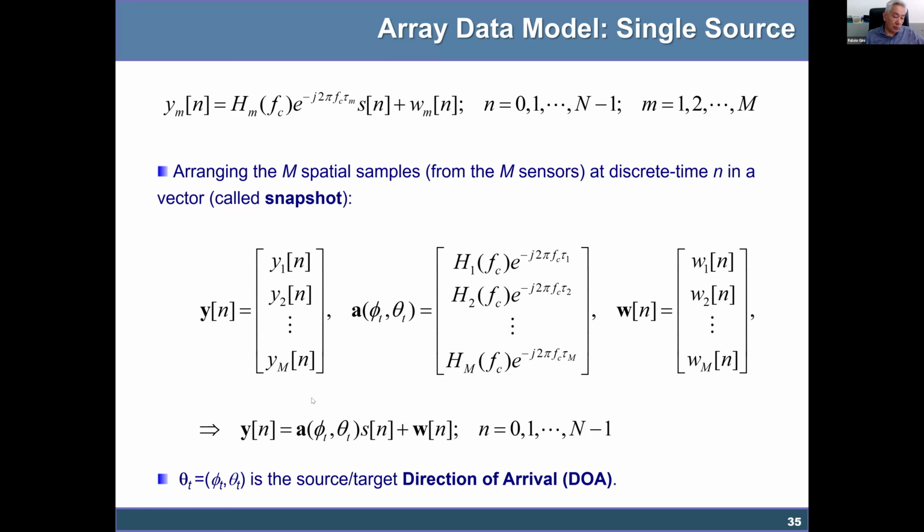So the signal vector is proportional to vector A, and vector A depends on the frequency response of the M sensors, and the delays depend on the geometry of the array. So the vector A basically is known when the array is calibrated. So if the array is calibrated, it means that we know this vector A.